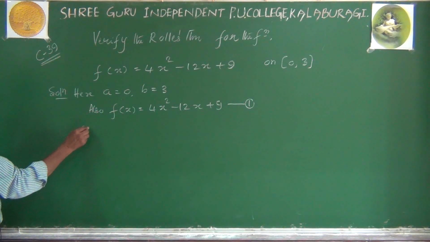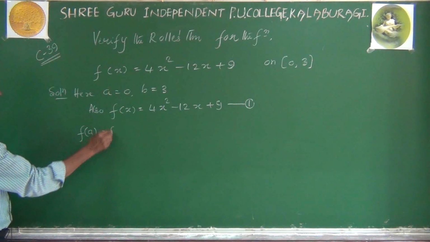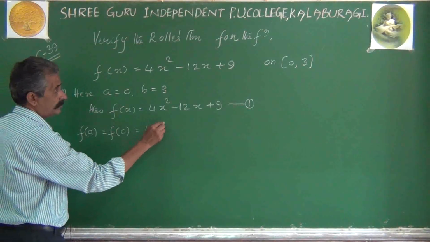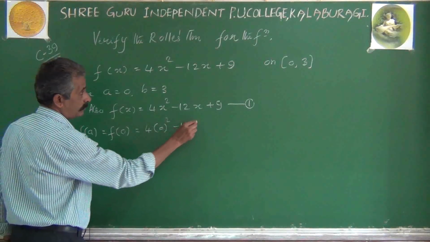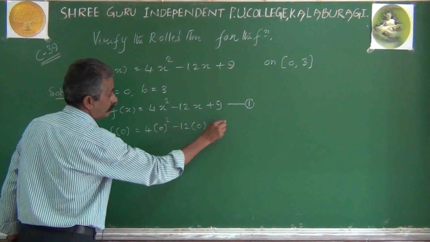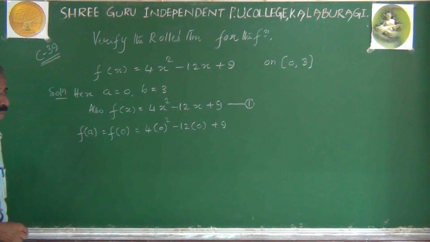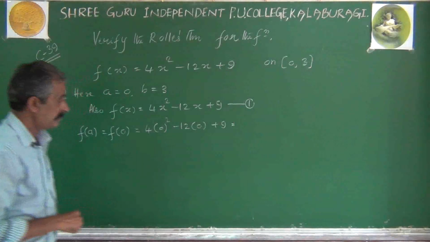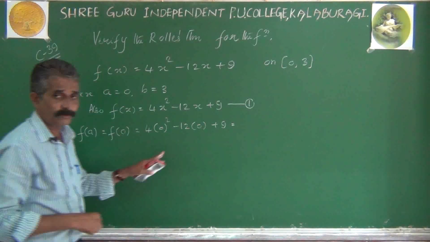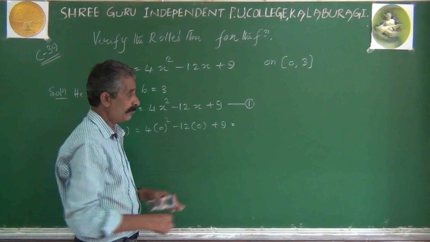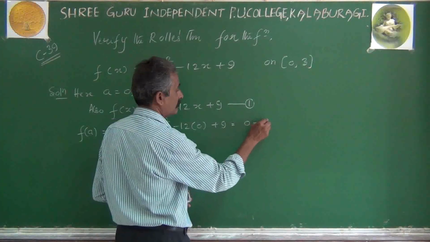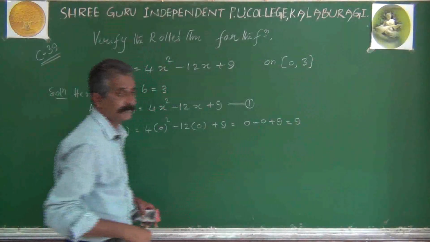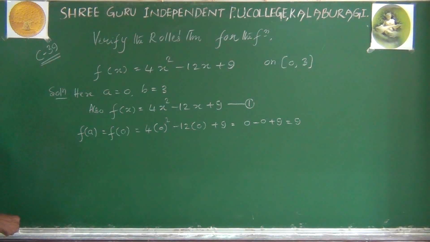Very first, f of a, that is f of 0, means 4 into 0 square minus 12 into 0 plus 9. 0 square is 0, 0 into 4 is 0, 0 into 12 is 0, total 0 minus 0 plus 9 equals 9.